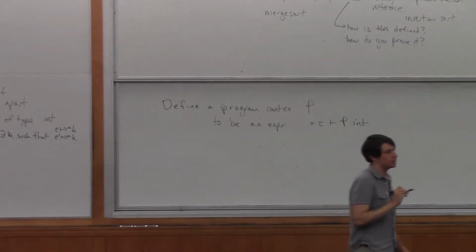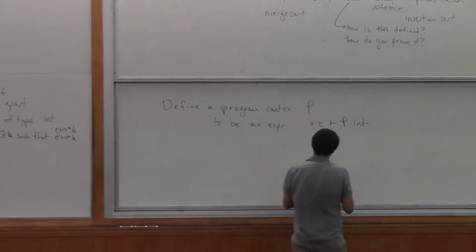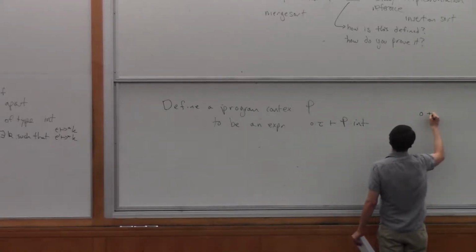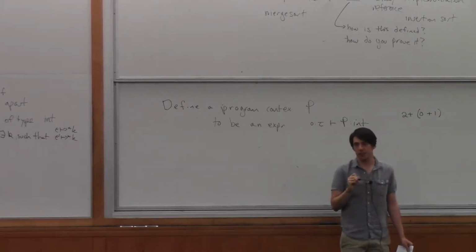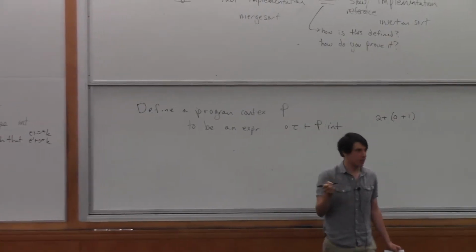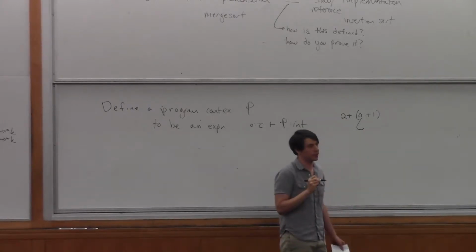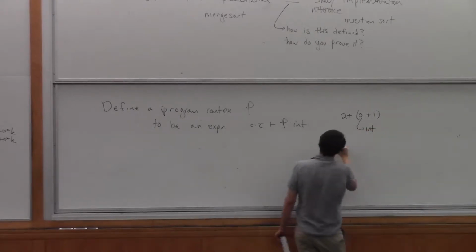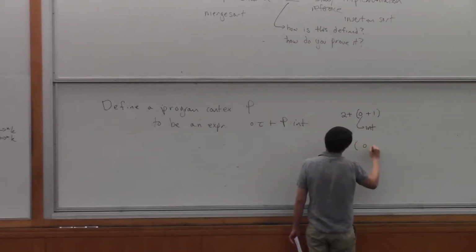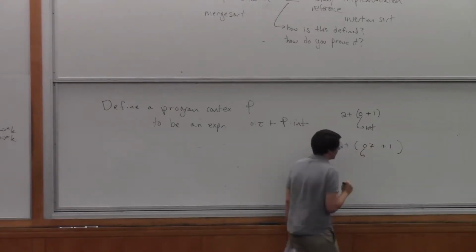I'm going to write that one variable of type tau as a circle, and we'll call that the hole in the expression. For example, this might look like 2 plus (hole plus 1). That's a context which, with a hole, has type int. What's the type of the hole here? What would I need to plug in for that variable in order for this whole thing to be well typed? Int. On the other hand, I might have a context where the hole is applied to 7 plus 1. What type would that hole need to have?